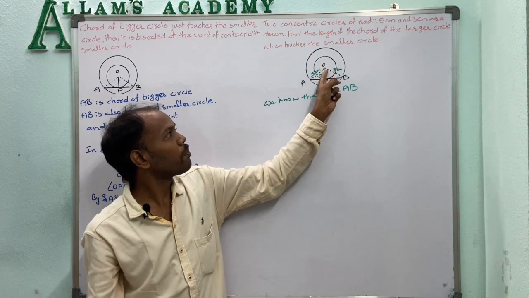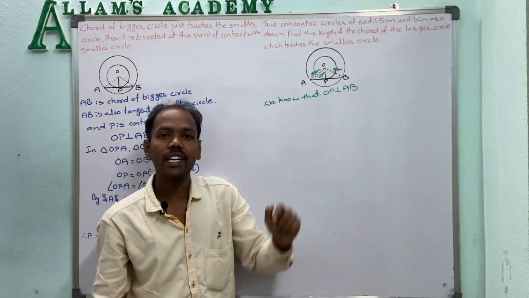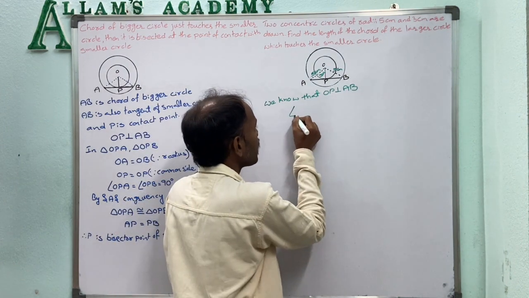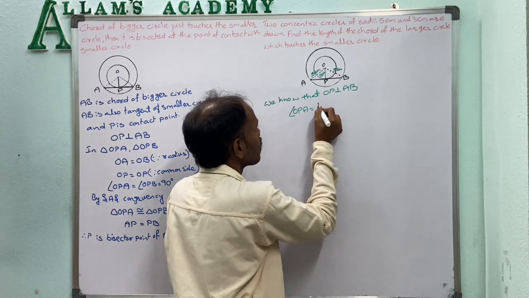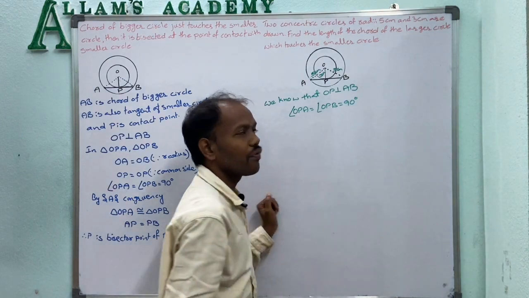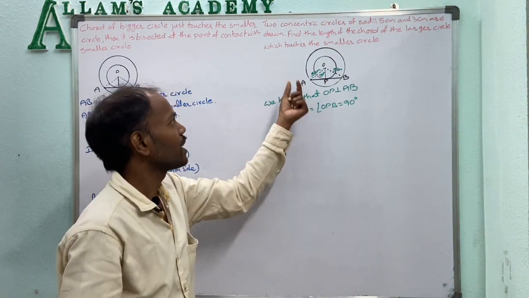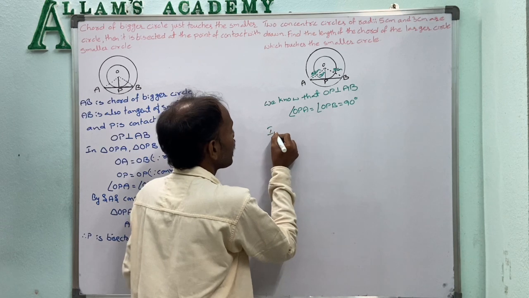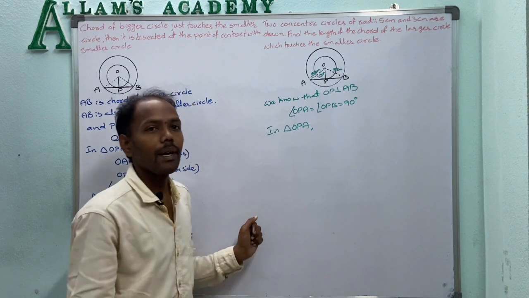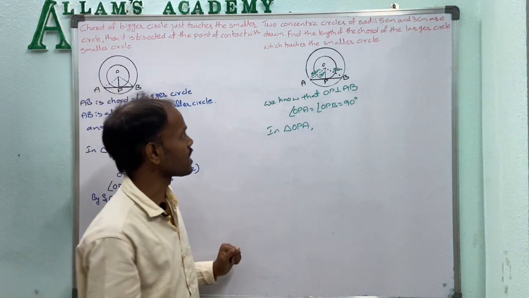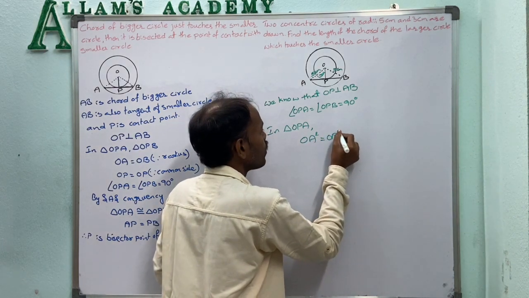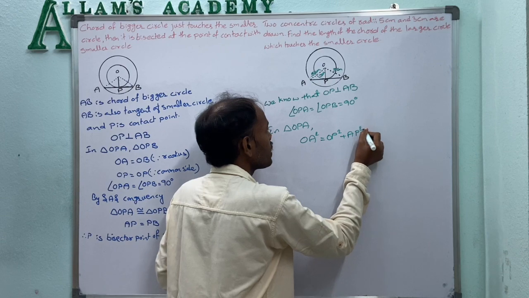So OPA or OPB is a right triangle. So angle OPA equals angle OPB equals 90 degrees. If we apply the Pythagoras theorem in triangle OPA, OA square is equal to OP square plus AP square.